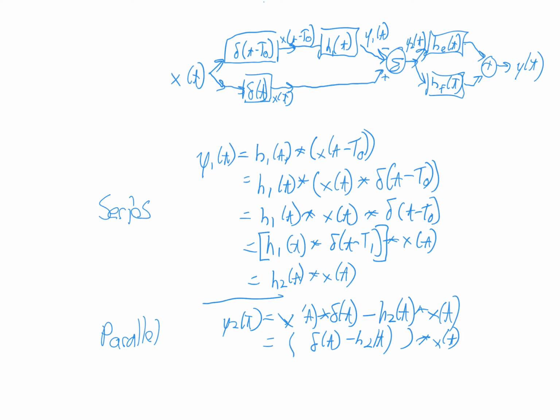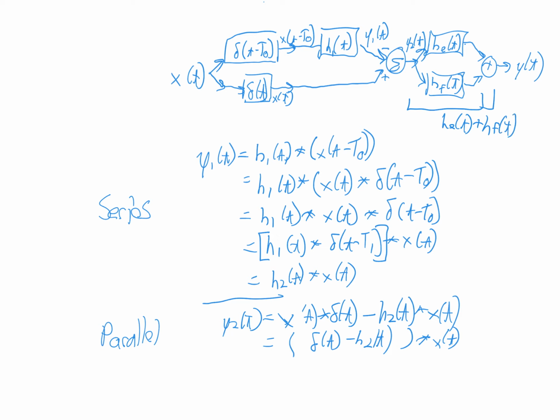I could further combine these impulse responses by using the series rule on the left, and the 2 items, the HE and the HF on the right, I would combine with the parallel rule. The parallel rule says you can add them, so the impulse response of this net system through this adder would be HE plus HF. So I would add them.